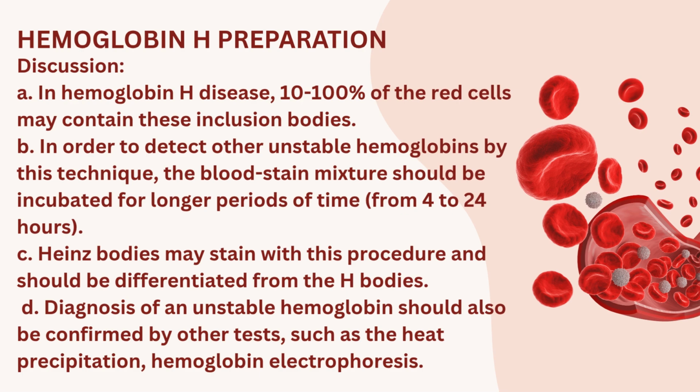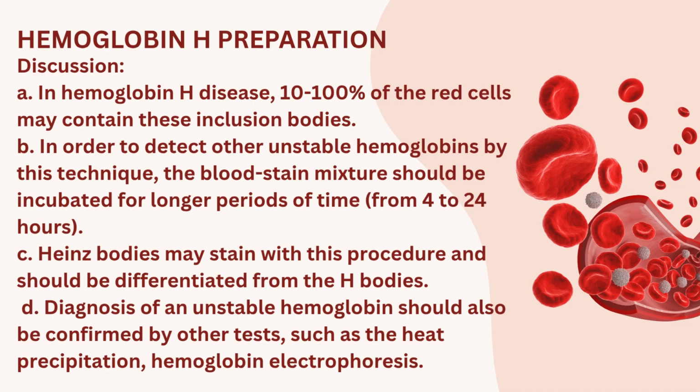In order to detect other unstable hemoglobins by this technique, the blood stain mixture should be incubated for longer periods of time, from 4 hours to 24 hours, since these unstable hemoglobins require longer incubation for denaturation and precipitation. Heinz bodies may stain with this procedure and may be differentiated from hemoglobin H bodies by the fact that they are larger, fewer in number, and most often appear along the membrane of the red cell.